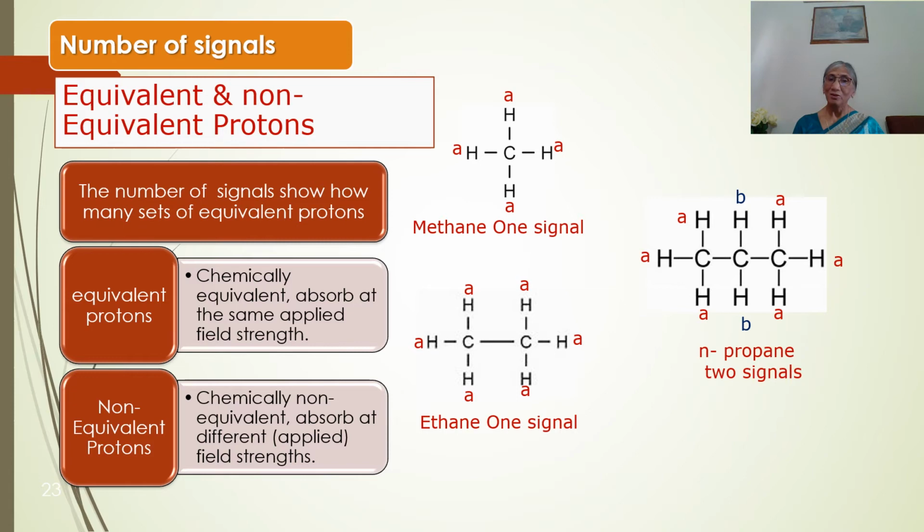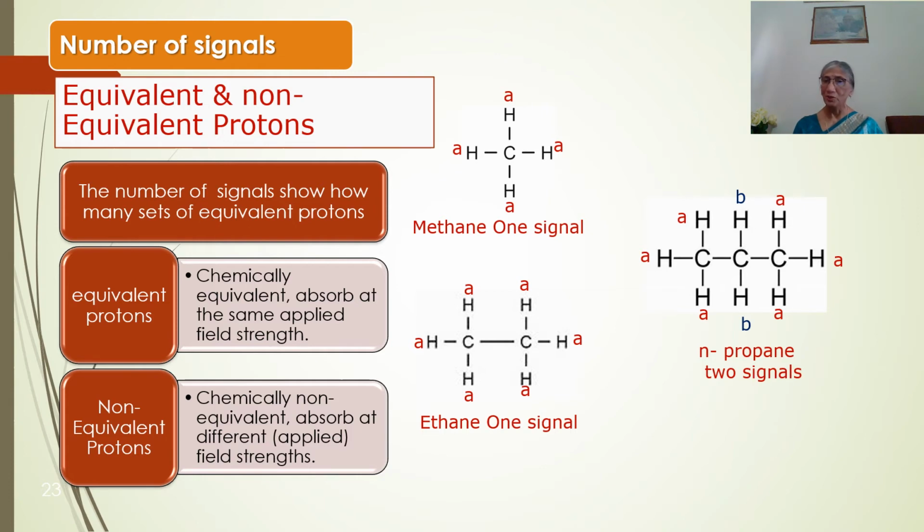In methane, only one signal is seen, which shows that all the 4 protons in methane are equivalent. The spectrum of ethane shows only one signal, so all the 6 protons present in ethane are equivalent. And in propane, we see 2 signals. It means that there are 2 types of protons.